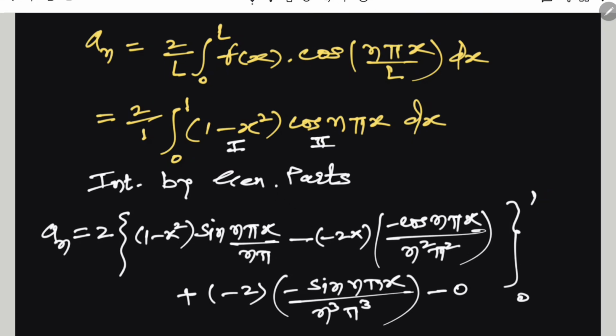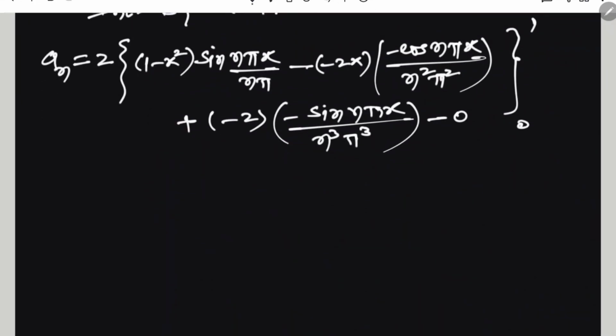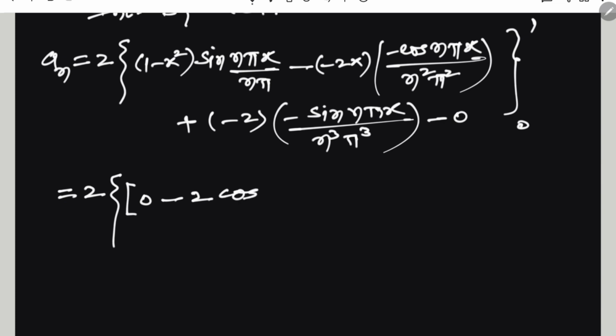We substitute the value of x as 1, upper limit, and lower limit as 0. Therefore, it is 2 into 1 minus 1, that term becomes 0. Then minus minus, 2 into 1 means 2, and cos of n pi, we substitute its value in the next step, divided by n square pi square.